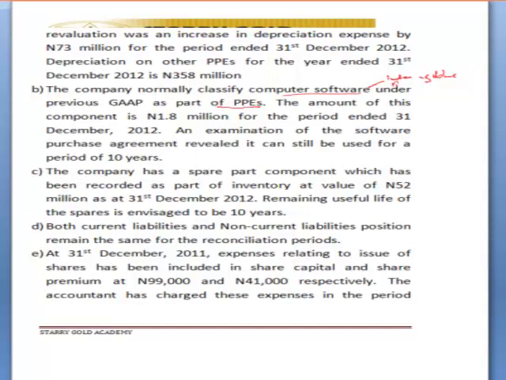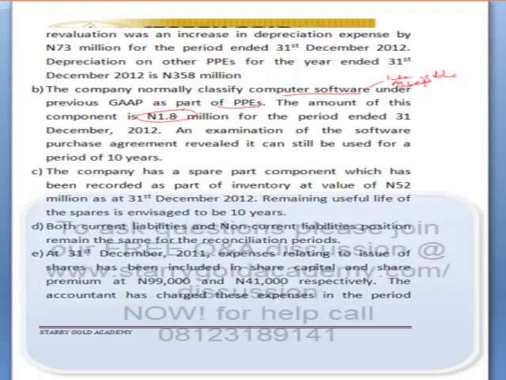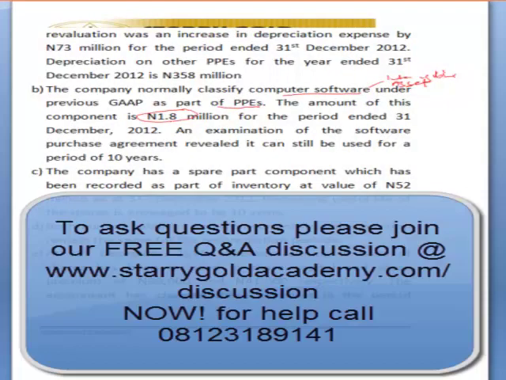This should have been intangible assets. For every question, with additional information in the question, you need to be able to identify what is to be done. It means you need to reclassify computer software. You need to deduct it from property, plant and equipment. The figure is 1.8 million. That means you deduct it from property, plant and equipment of the previous GAAP, then you add it to intangible assets.